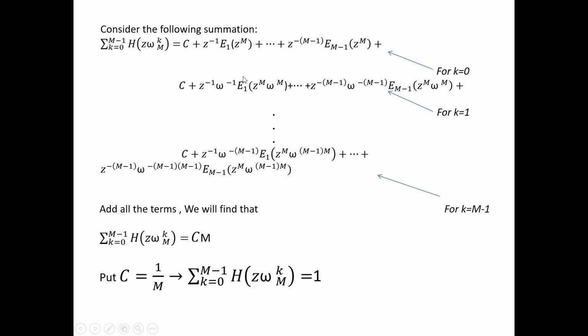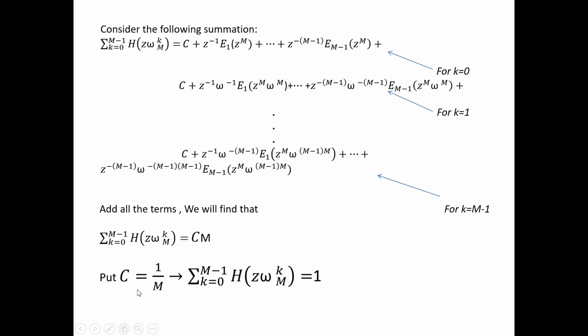Because these are the inverses of the Mth roots of unity, if you add all these terms, the rest of the terms go to 0. So sigma k going from 0 to capital M minus 1 of H of z W_M^k will be equal to CM.